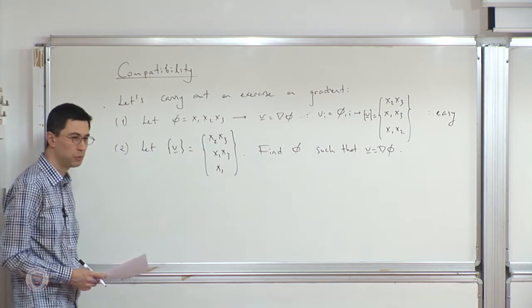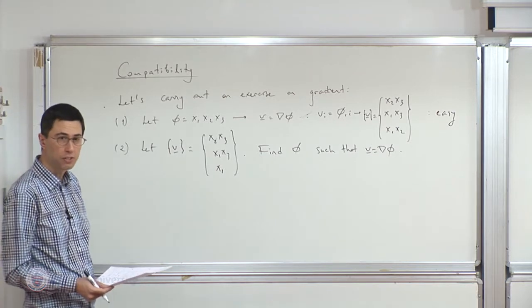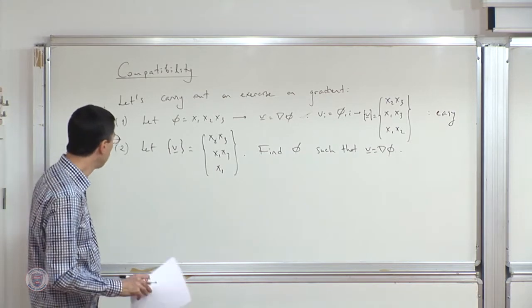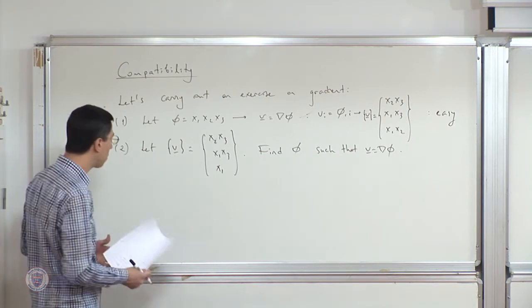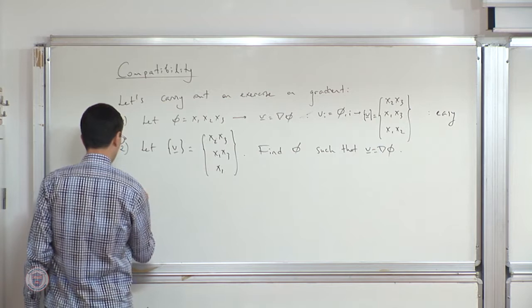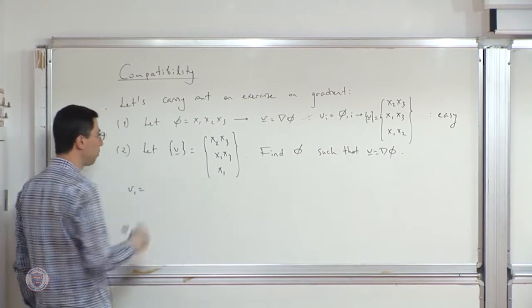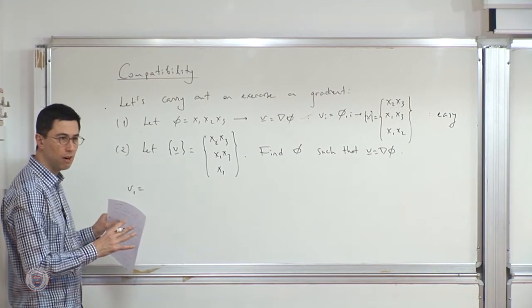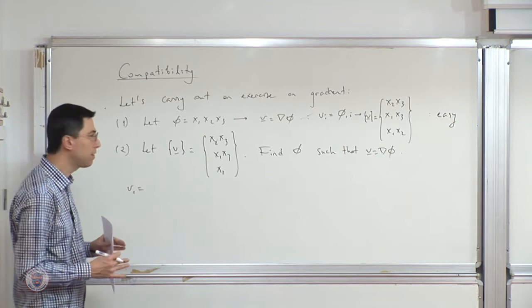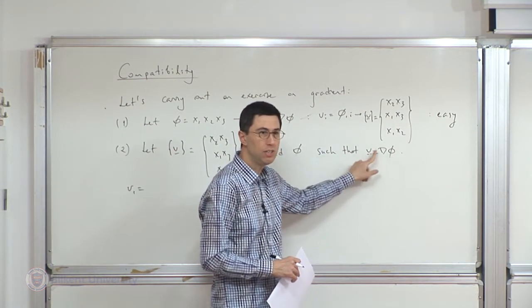So what do I do? I should take an integral. How do I start? Component by component. Let's start with v1. As I start, we are believing that there is a phi such that v is its gradient.